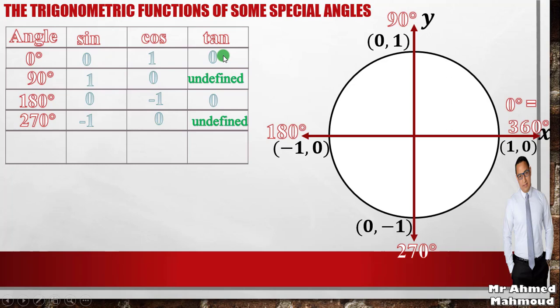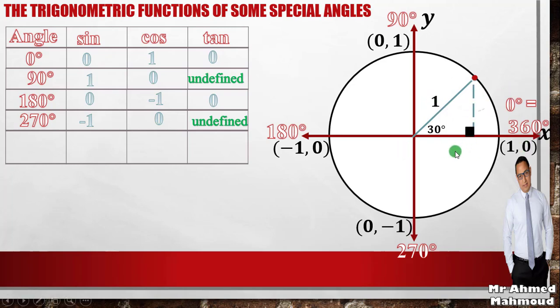Now I'm going to conclude 30, 60 and 45, which you already studied in the third prep. If we have an angle of measure 30, draw a right angle triangle. Its hypotenuse equals 1 and the opposite, as we studied before, equals half.